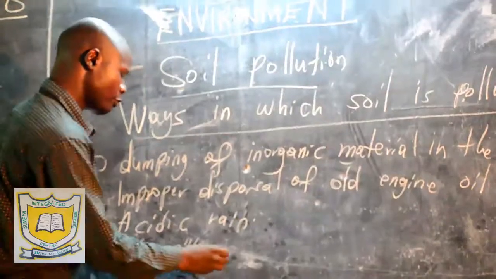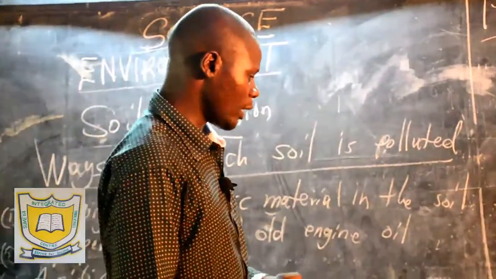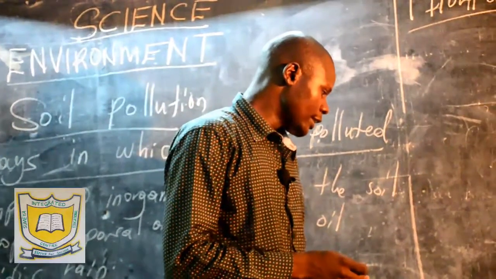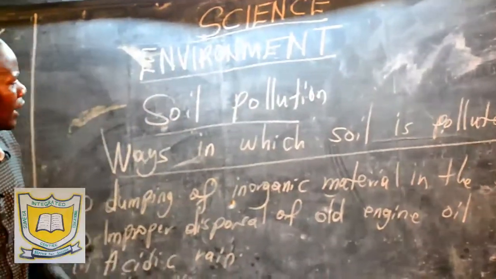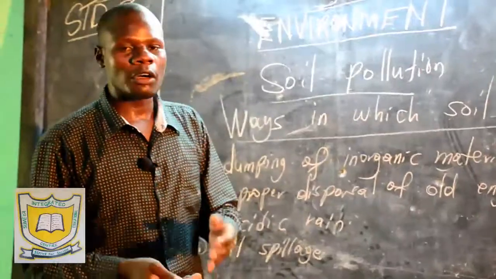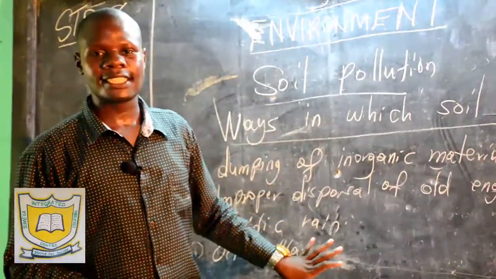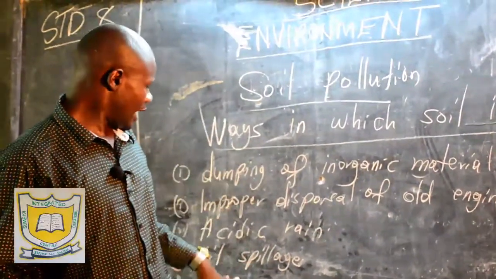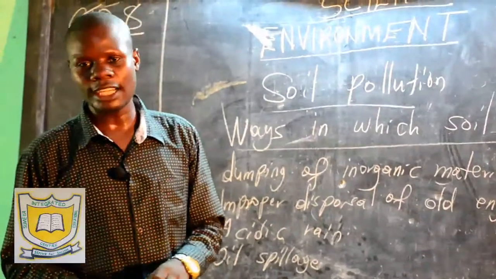In case of accidents, oil can spill in the soil and is one way of polluting soil. These are now the ways the soil can be polluted. In one way or the other, although we still have others, there are very many ways soil can be polluted.